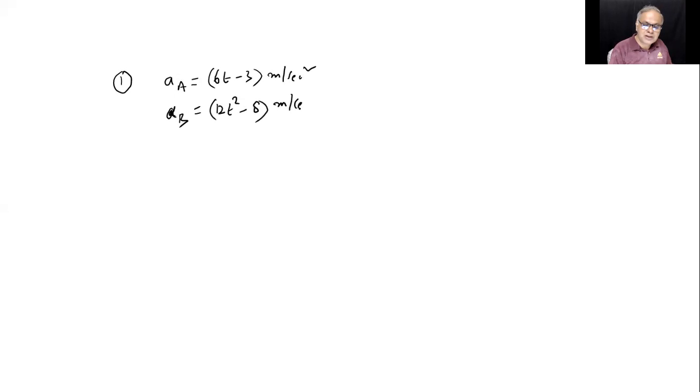Two particles have got these accelerations, particle A and particle B. Both start at x equals 0 at t equals 0. They start from rest. You understand the mathematical way of saying things? They start at x equals 0 with initial velocity 0. Do you follow?